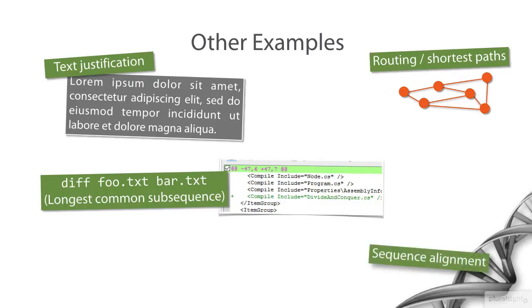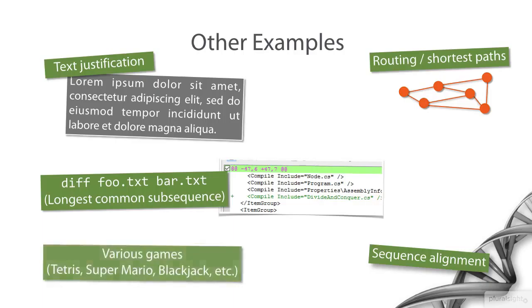Given a subsequence of a DNA string, the best possible alignment can be deduced, and by comparing the possible alignment quality among DNA from different animals, it can be seen from which animal a given DNA sequence must come from, even without having an exact match. And as a last example, dynamic programming can be used to find optimal strategies for games such as Tetris, Super Mario, and Blackjack.